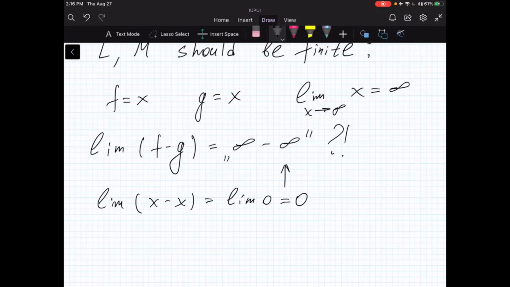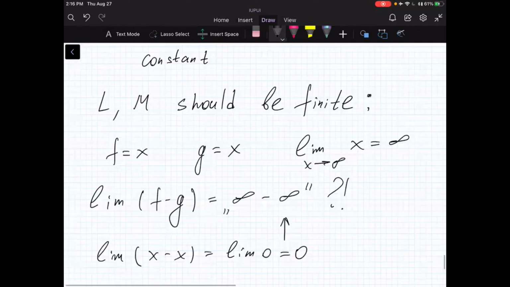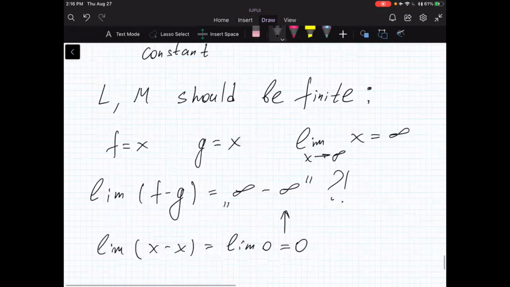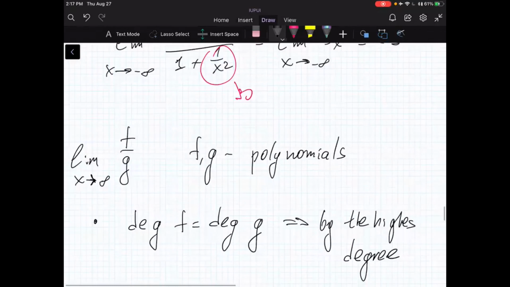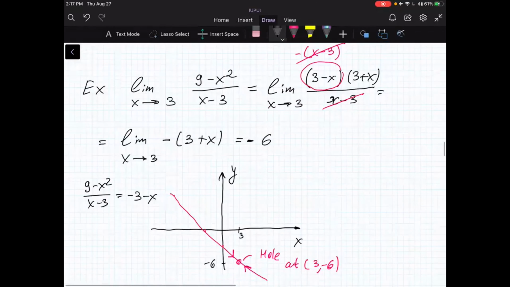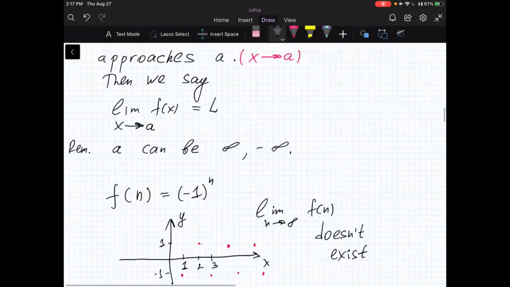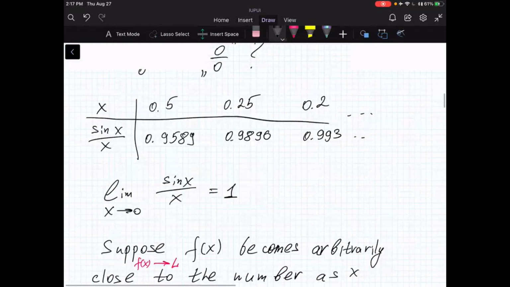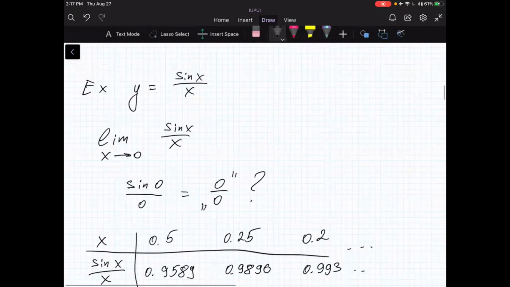Okay. So when you get something strange, that means that you probably did something not very accurately, and you should check your calculations. So either you get something like infinity minus infinity, or in this example that we discussed, sine of x divided by x, so it's 0 over 0.